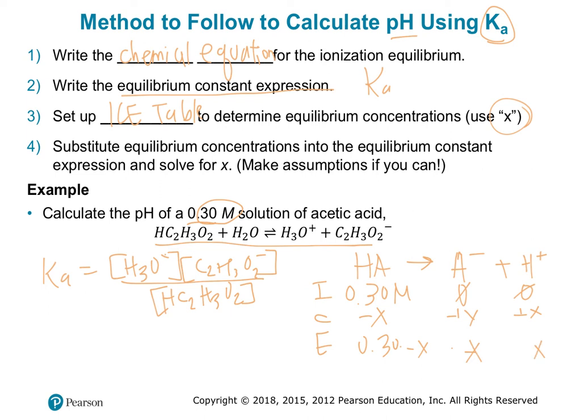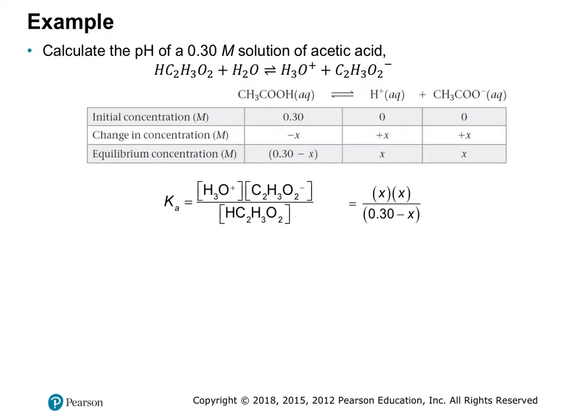So if we plug this into our Ka expression, we have x squared over 0.3 minus x. So here you see that we have that already set up. So we are going to want to look up the Ka value.